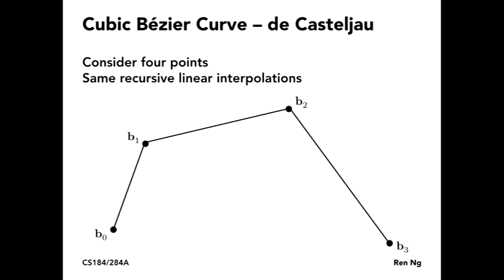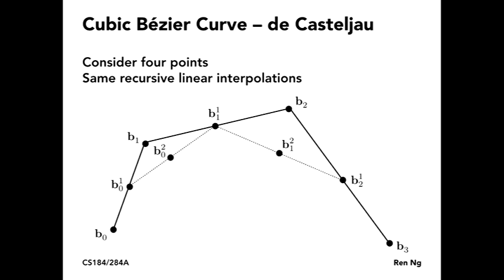So back to this 4-point case, let's take a closer look at the linear interpolations here and see what else we can figure out from this. So here's a point B10, B11, B21. Here again are these connecting points that we can draw between those new intermediate control points.